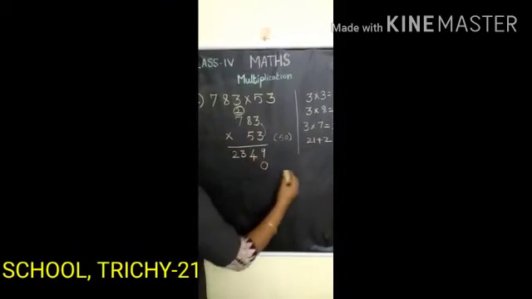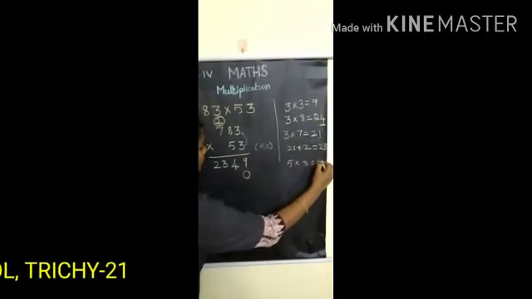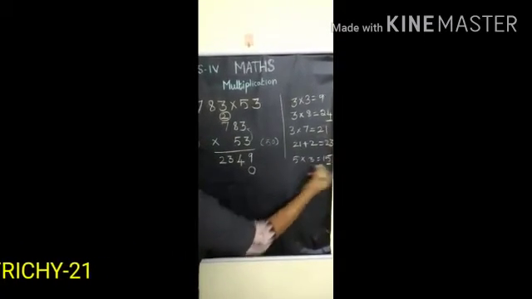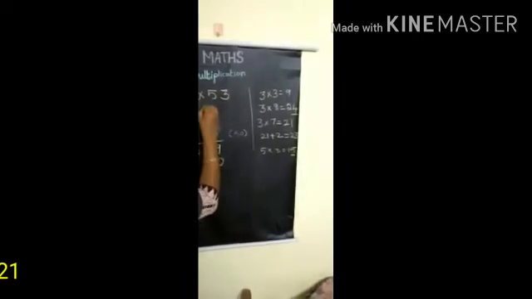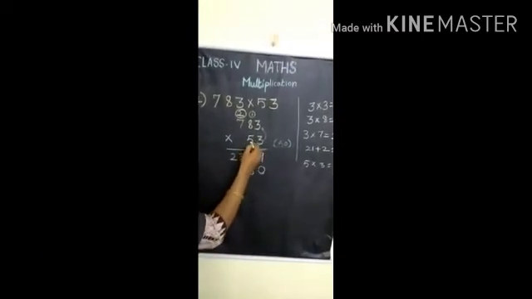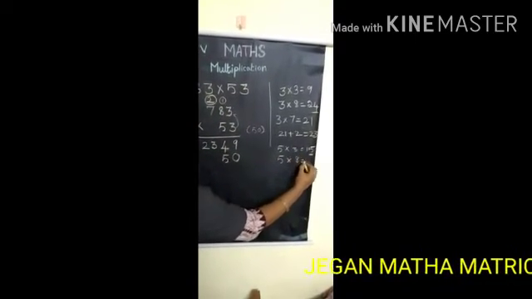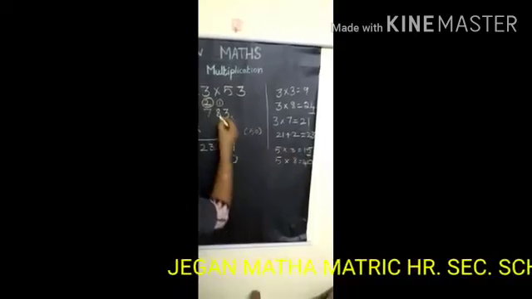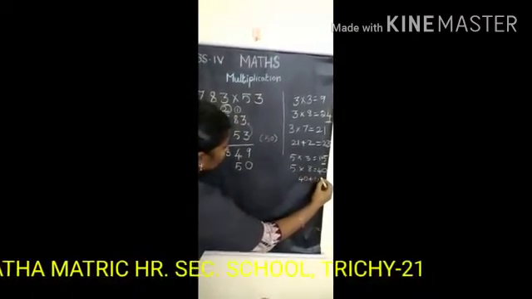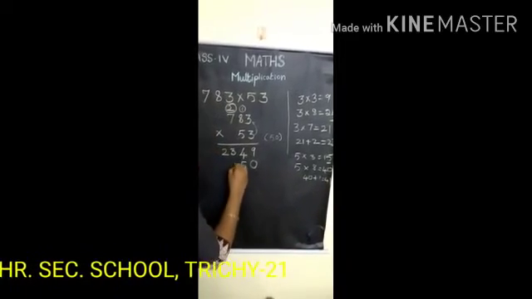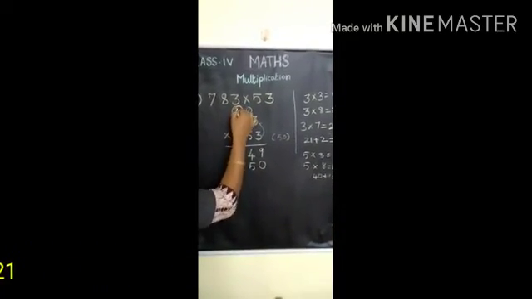Then 5 3s are 50. So write 5 here. The balance 1 carry over to the next one. Then 5 8s are 40. Already you have 1, so 40 plus 1 is 41. Write 1, the balance 4 carry over.